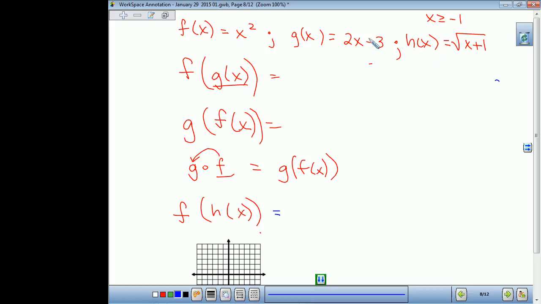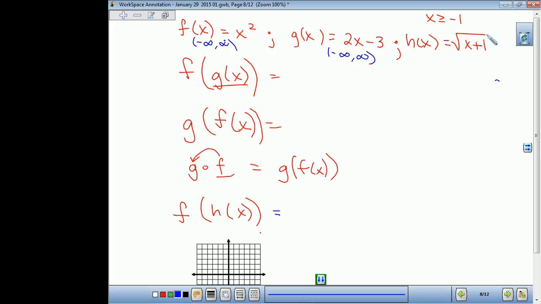Now, when we're dealing with the entire function, does the domain matter? There are no restrictions on the domain for this one, is there? No, because it's a line. H of x is different, though. This one has a restriction. You don't know what this graph looks like yet, but you can reason this out.